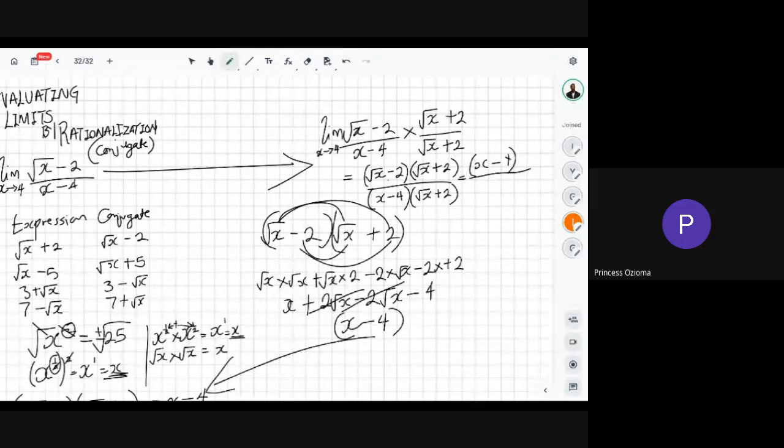Okay, this multiplication here: root x times root x is x, plus root x times 2, that is 2 root x, minus 2 times root x, that is minus 2 root x, then minus 2 times plus 2, that's minus 4.